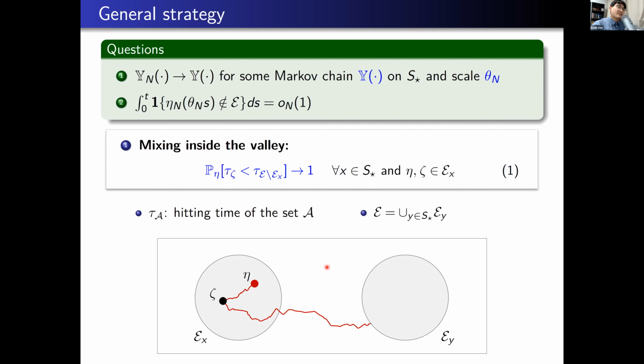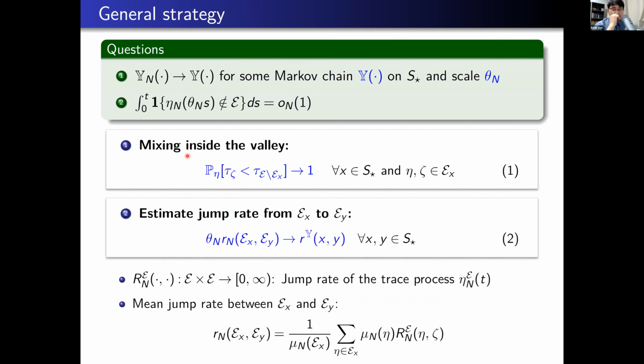So metastable behavior consists of two ingredients. First, you mix your process inside the metastable set and then make a transition. So this is the first step of a metastable behavior. The second one is the estimate of the so-called mean jump rate. As I mentioned before, you don't need to look at this in detail, but this is a certain weighted average of the jump rate of the trace process.